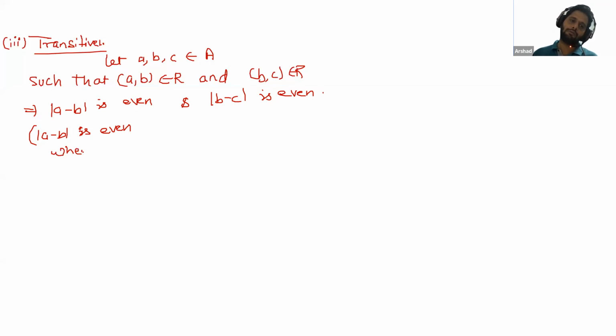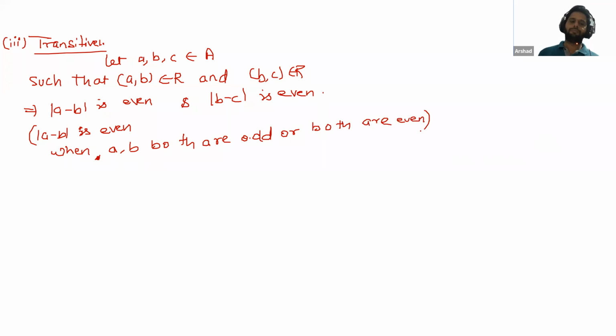A minus B is even when A and B both are odd or both are even. Okay, we are saying the difference of two numbers is even, so we will take an example. For example, we have 1 and 3, both are odd numbers.